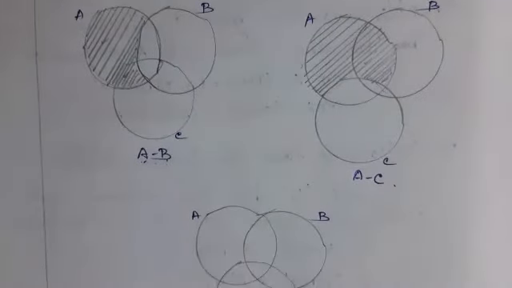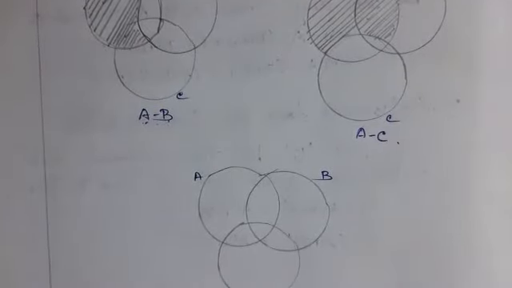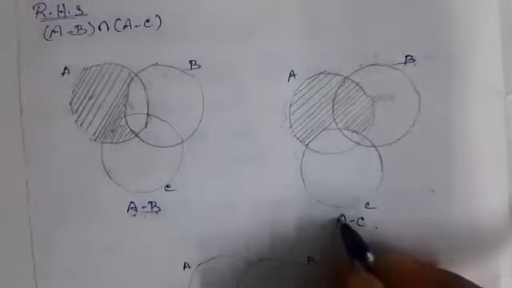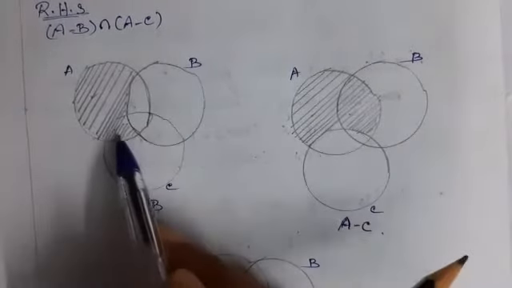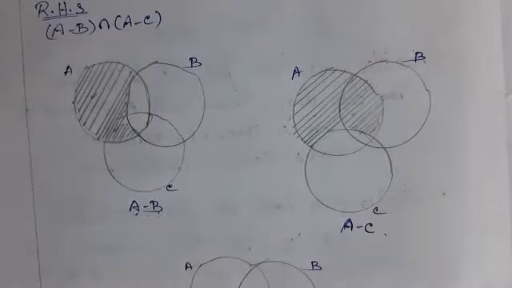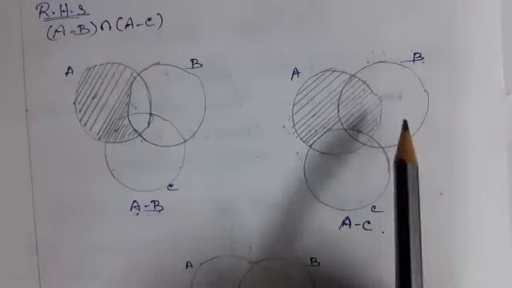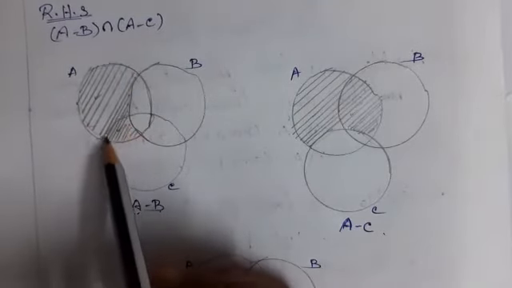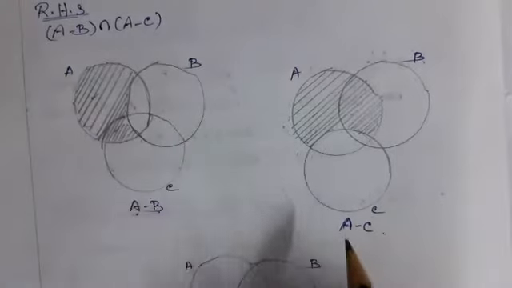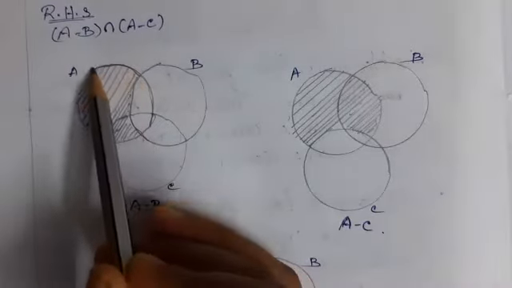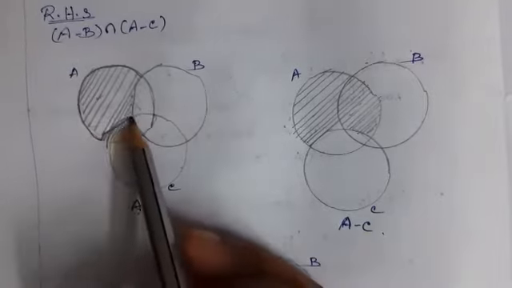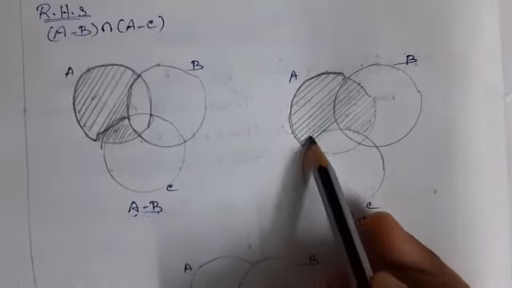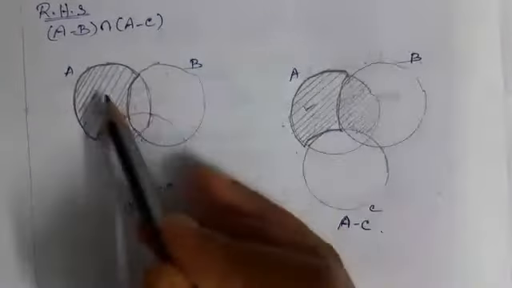Now, for the third, that is A difference B intersection A difference C. For this, see the diagram A difference B and A difference C. Intersection portion. Okay. Now see here, this is the first portion. See, only A up to this. Here also only A. Therefore, this portion is common.